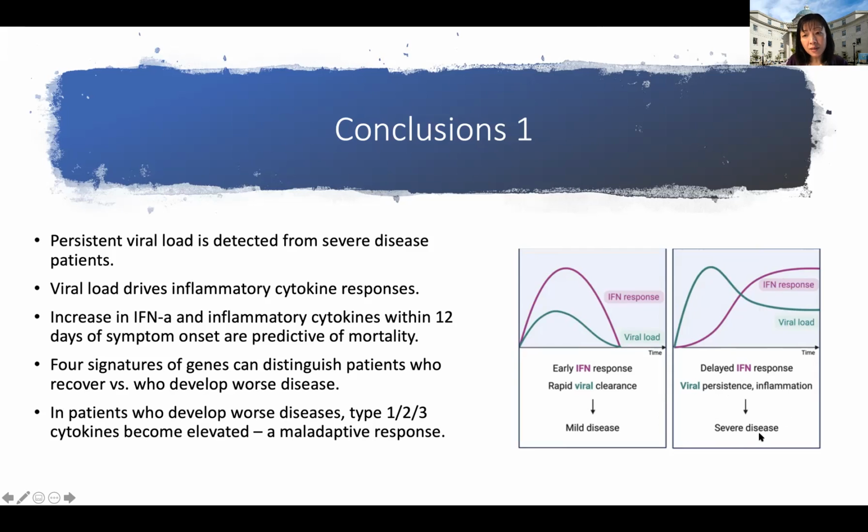So just by looking at these longitudinal immune responses in patients, we're able to model the time course for viral load and interferon response, and really reveal that this second model may be reflecting severe COVID disease.